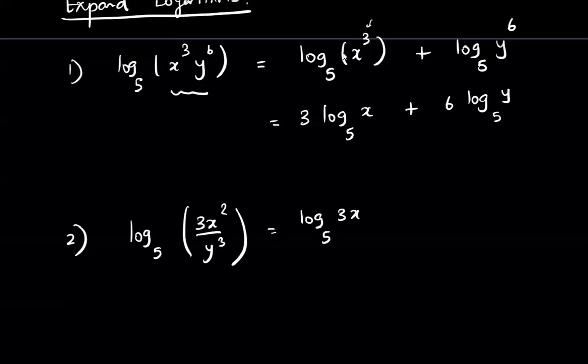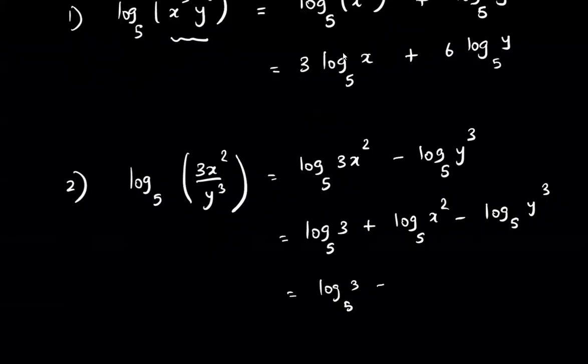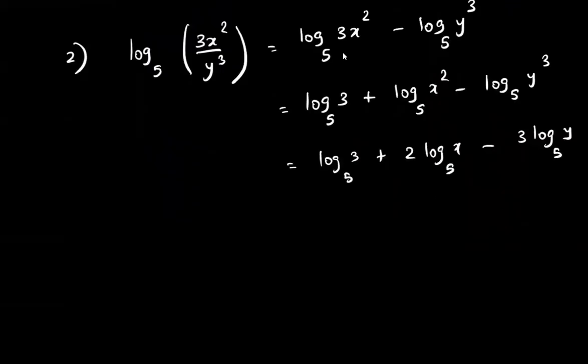So first I write it like so. Then this itself is a product, so that can be further expanded. And then the powers can be brought down as coefficients. Okay, so that is how you will expand. One more example. Let's find one with a radical this time.